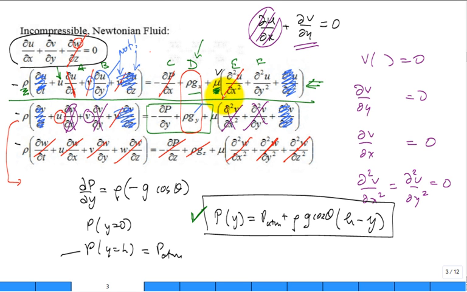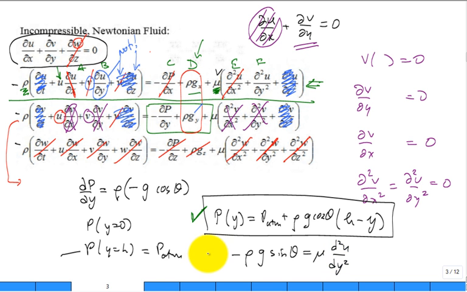So we get a simplified differential equation that says, let me see if I can write it like this: minus rho g sub x, which was g sine theta, equal to mu times the second derivative, and I'm going to move from a partial to an ordinary derivative because u is only a function of y. We discussed that. So there you go. There's our second order differential equation.